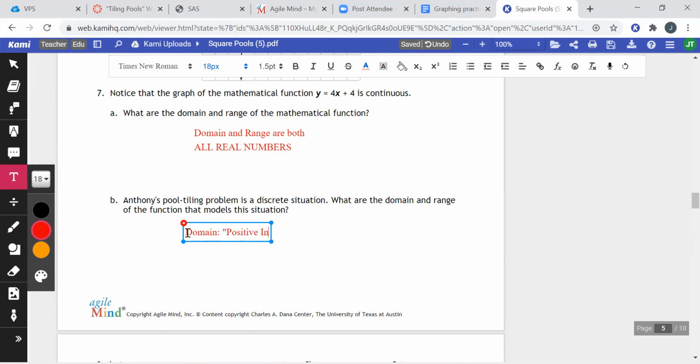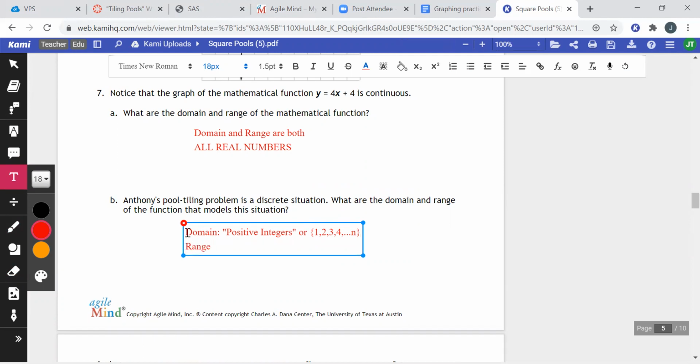You could also say 1, 2, 3, 4, ..., n. Remember, when we're talking about counting numbers, we like to use n.